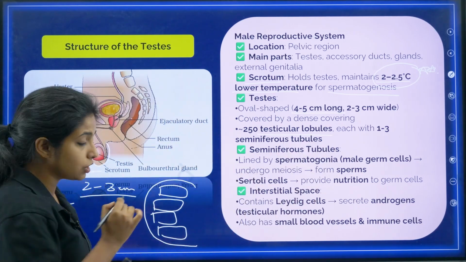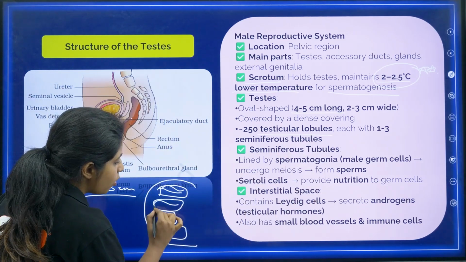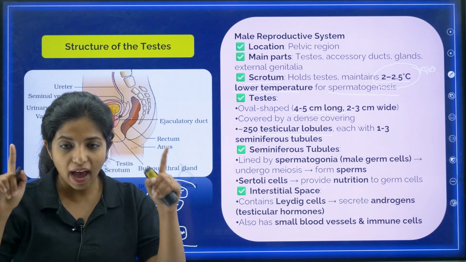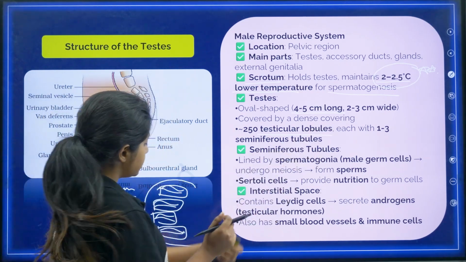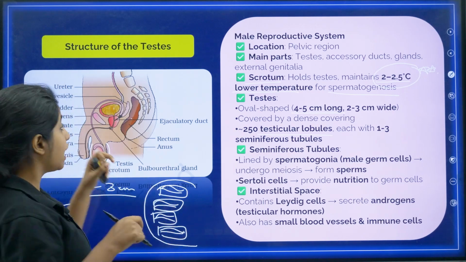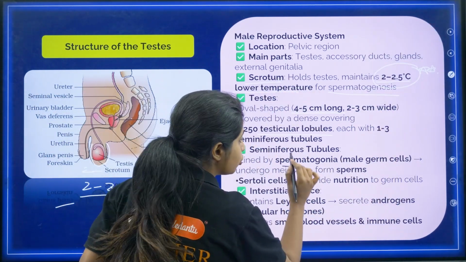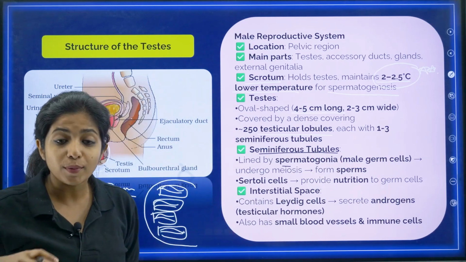Inside each testicular lobule, you will find 1 to 3 highly coiled seminiferous tubules. And the seminiferous tubules are where the sperm formation actually takes place.